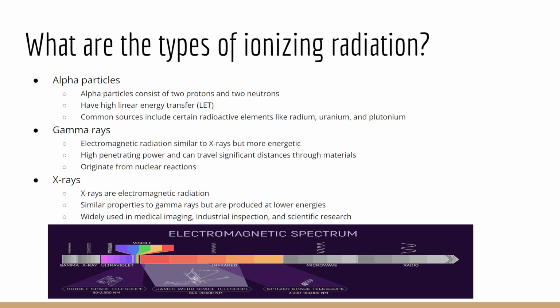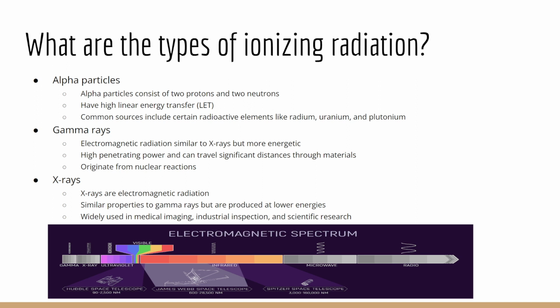The second one is gamma rays. Gamma rays are electromagnetic radiation similar to X rays but more energetic. They have high penetrating power and can travel significantly through materials, and they originate from nuclear reactions.